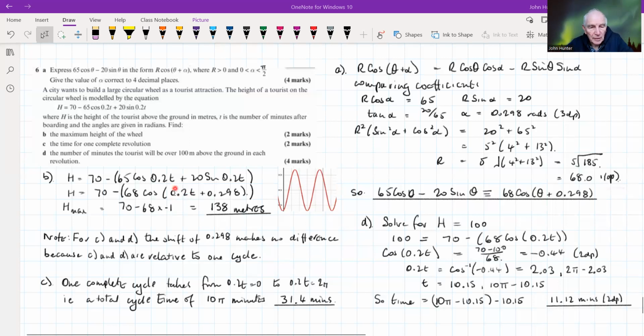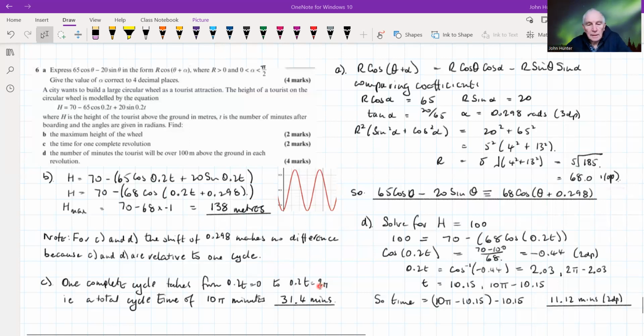You might have to think about that for a moment or two. So in other words, from when 0.2t is equal to 0 up to where 0.2t equals 2 pi, that gives us t equals 0 to t equals 10 pi.